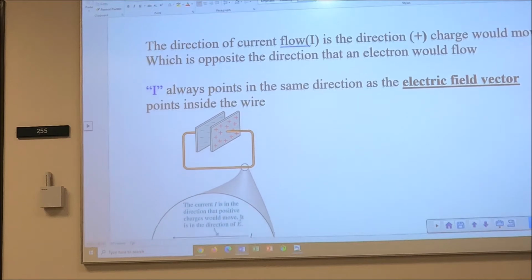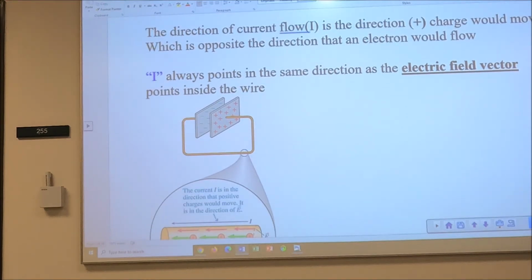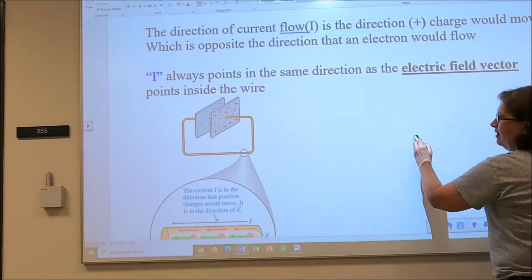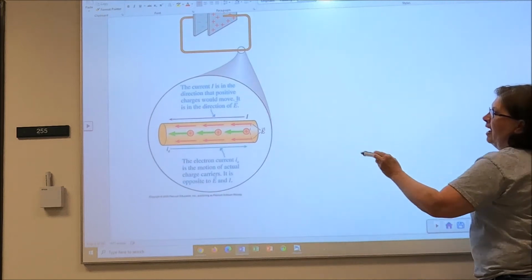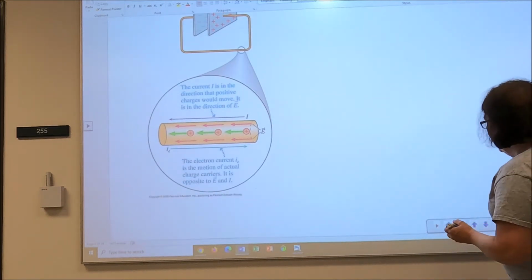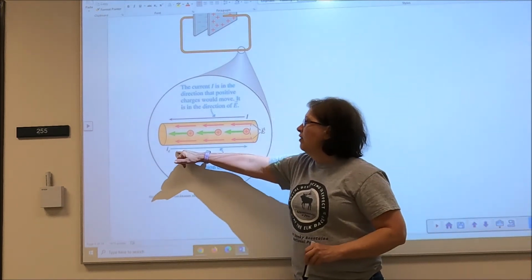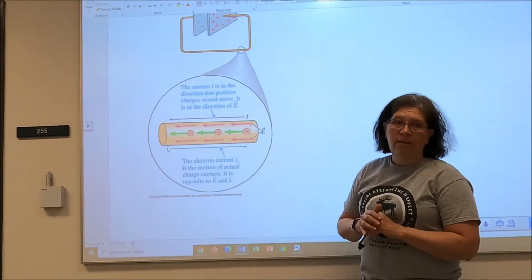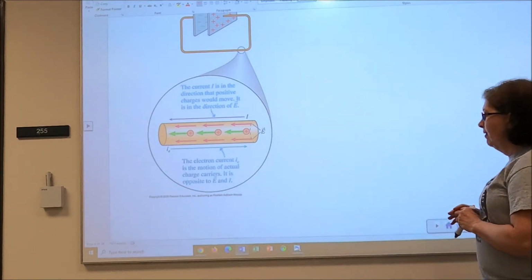The direction of current flow is in the direction that a positive charge would move, which is the opposite direction that the electron would flow. Okay? I always points in the same direction as the electric field vector, and it points inside the wire from the positive plate to the negative plate, same direction as the electric field, even though we know electrons are actually moving from the negative to the positive.